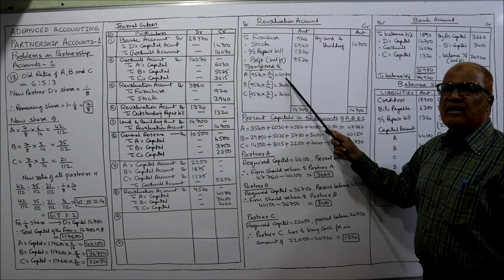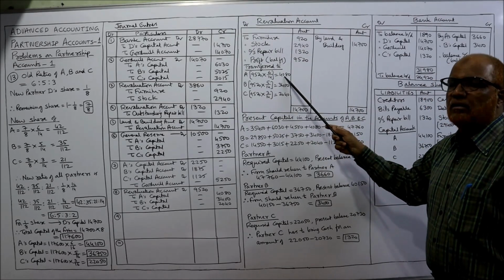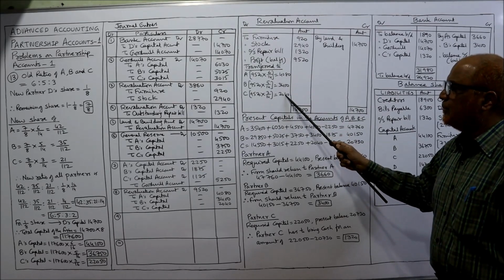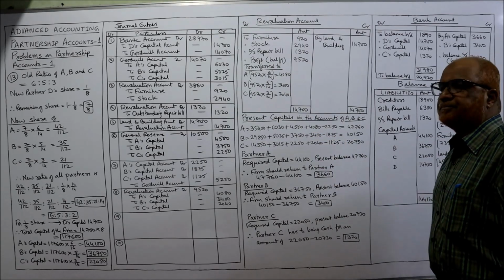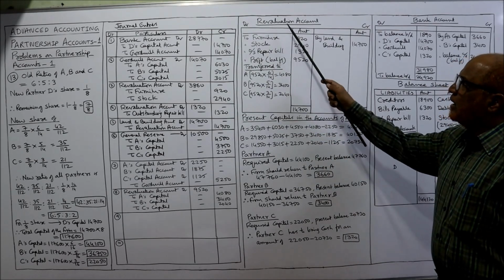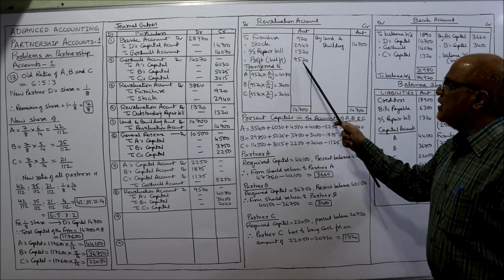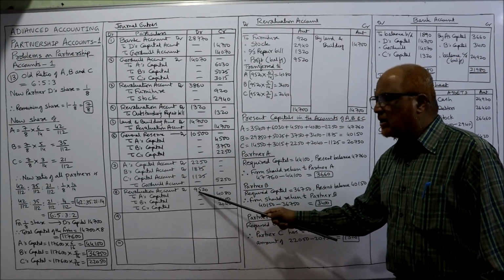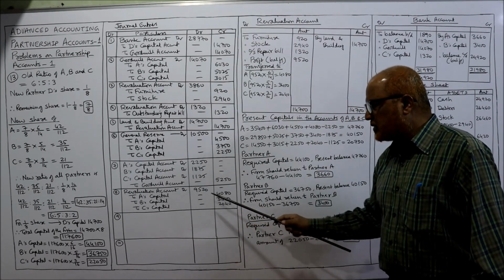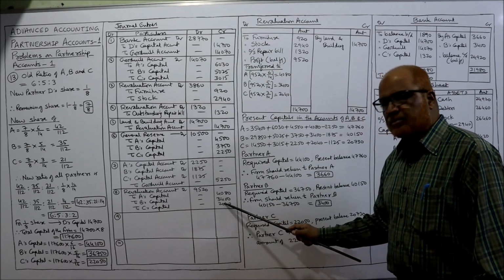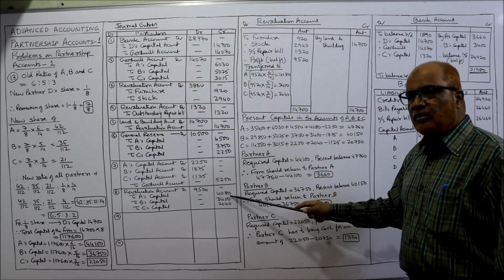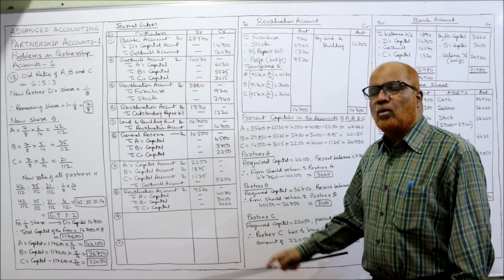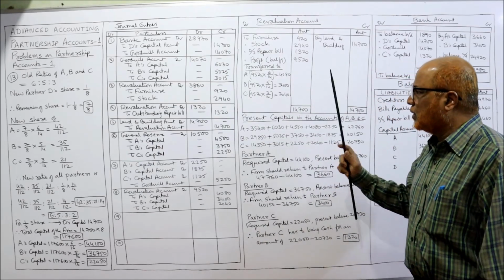So 4,080 is the share of profit for A, 3,400 for B, and 2,040 for C. Entry will be revaluation account debit 9,520 to A's capital, to B's capital, to C's capital. Being the profit on revaluation shared by old partners in the old ratio.